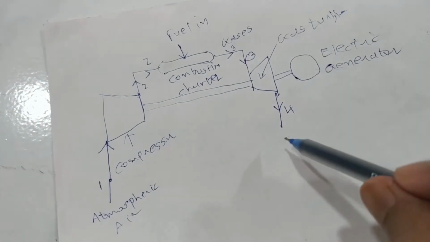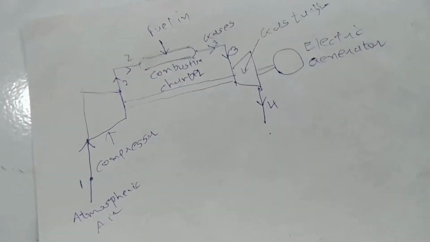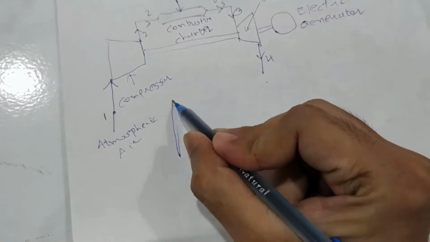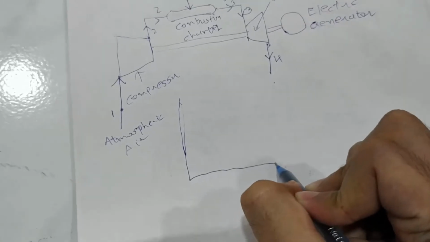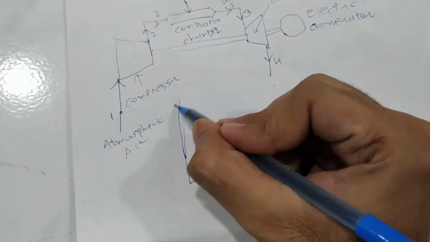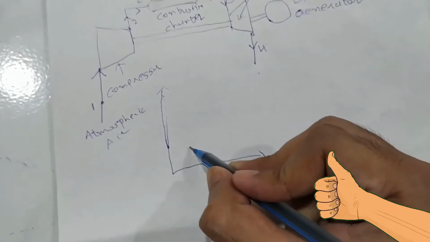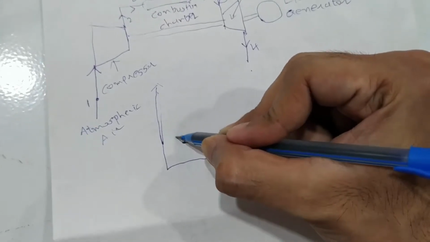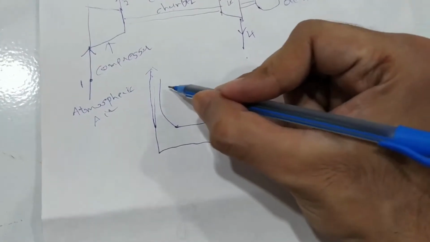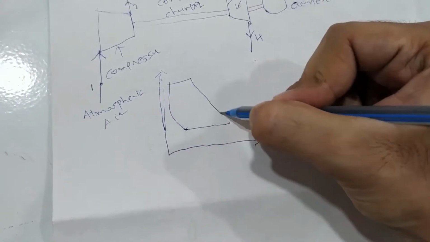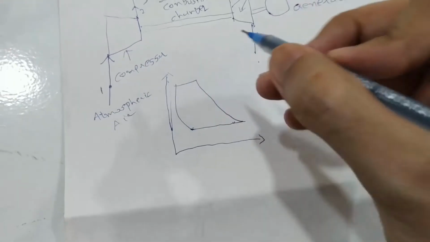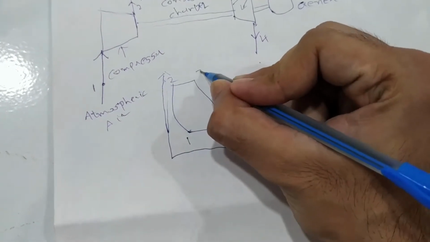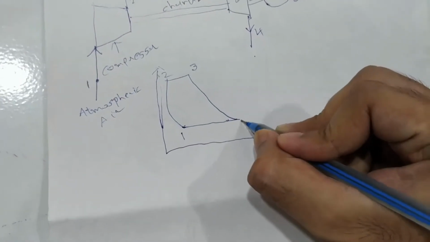So now I will draw the PV and TS diagram of this process. First I will draw the PV diagram. This is process 1, this is 2, this is 3, and this is 4.